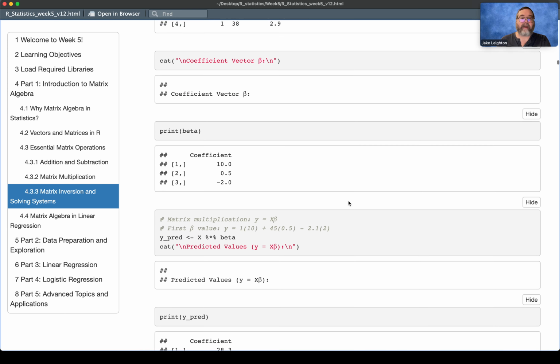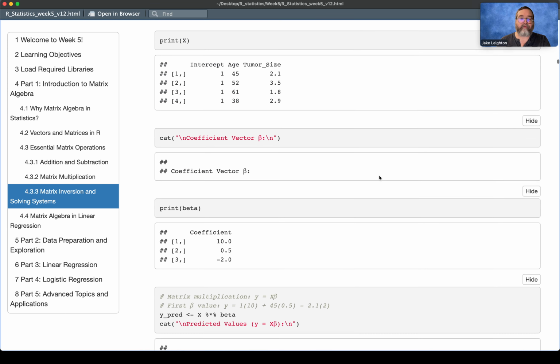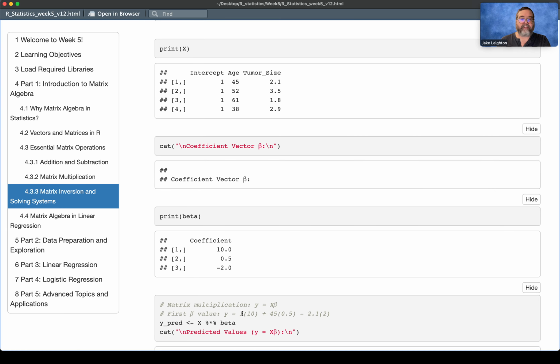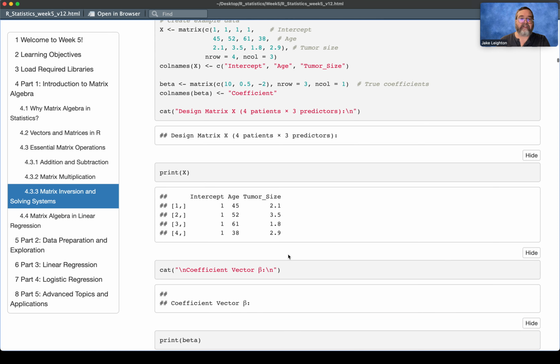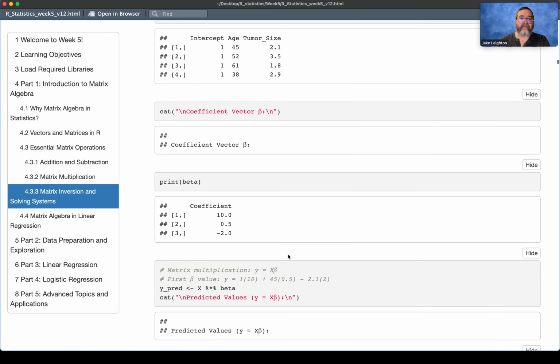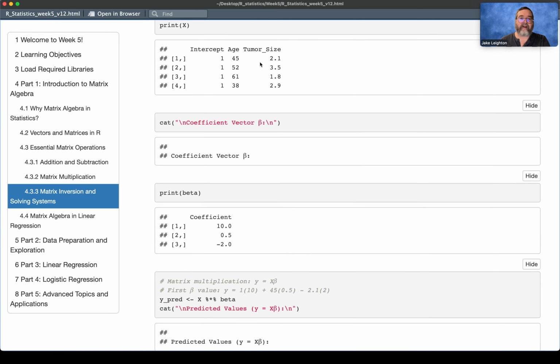And if you want to think about this mathematically, it's the same thing we did before. But do you see here the coefficients 10, 0.5, 2, -2? Those are the coefficients. And what we've done is we multiplied those coefficients by 1, 45, and 2.1, right? So you see here 1, 45, 2.1.